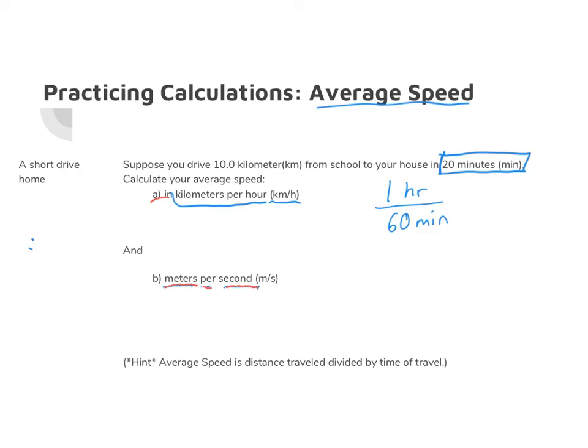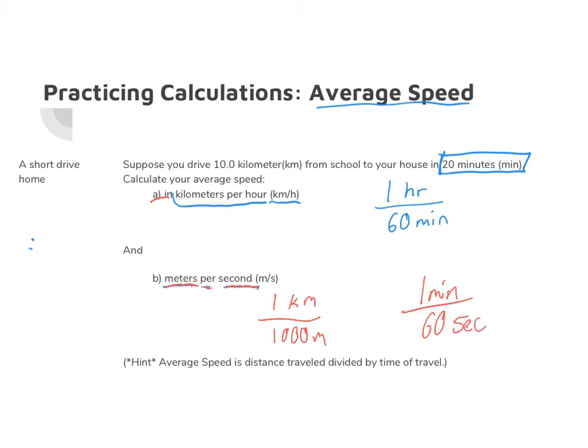In 1 kilometer, there is 1,000 meters, and in 1 minute, since before we converted minutes to hours, now we're going the other way. So in 1 minute, you should know that there are 60 seconds.